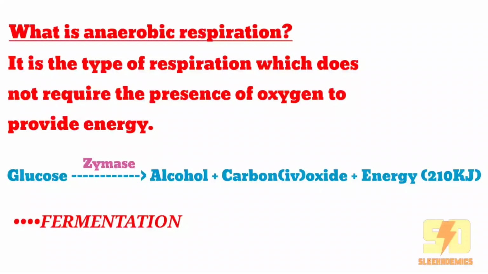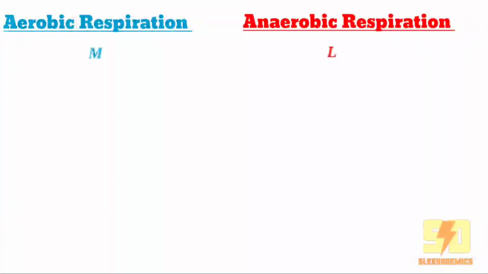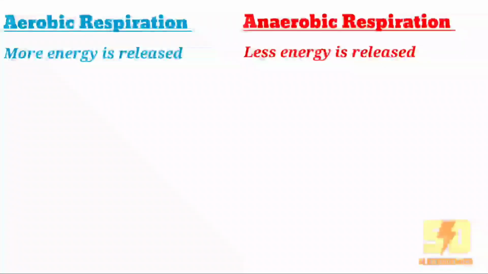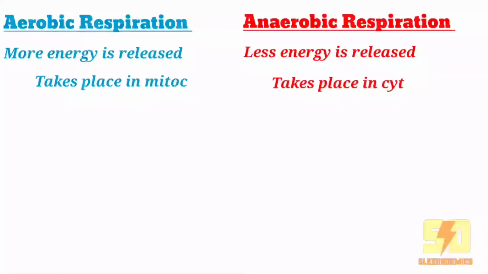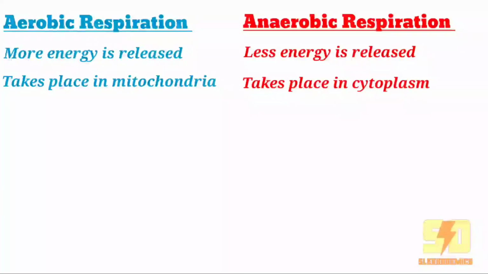Now, let us quickly look at differences between aerobic and anaerobic respiration. The first one, more energy is released in aerobic respiration. When compared to anaerobic respiration, less energy is released. Secondly, it takes place in the mitochondria in aerobic respiration, and in anaerobic respiration, it takes place in the cytoplasm.